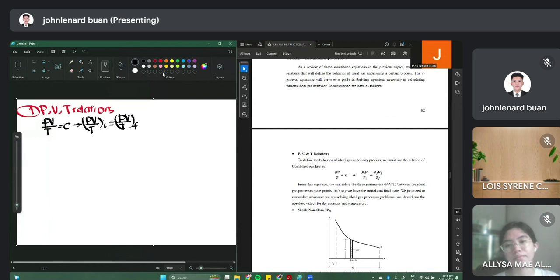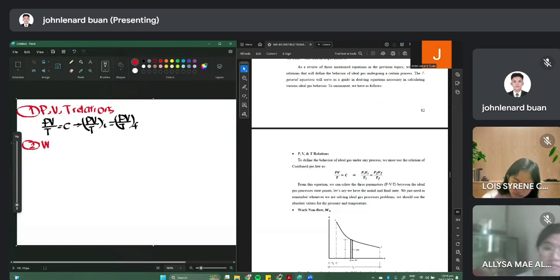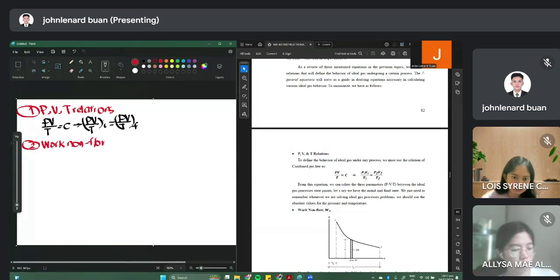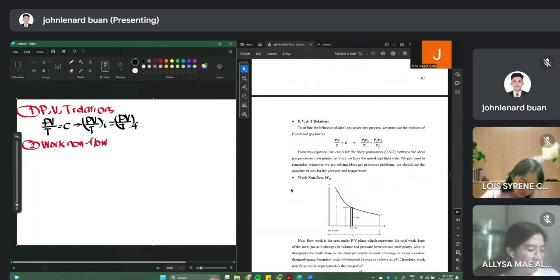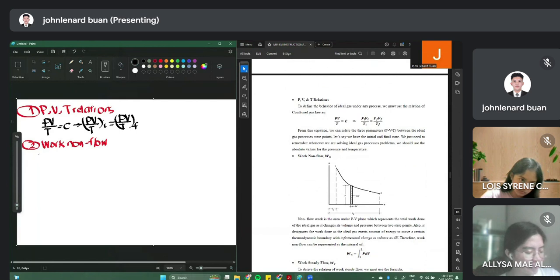The second equation is the work non-flow. For this one, the equation being used is Wn equals the integral of P dV from point 1 to 2.